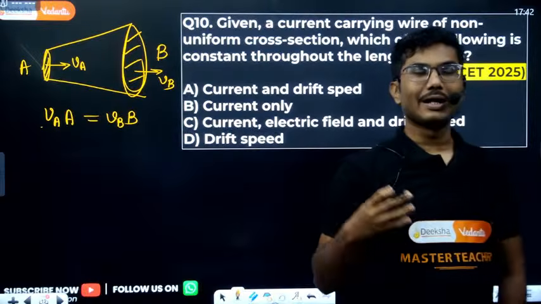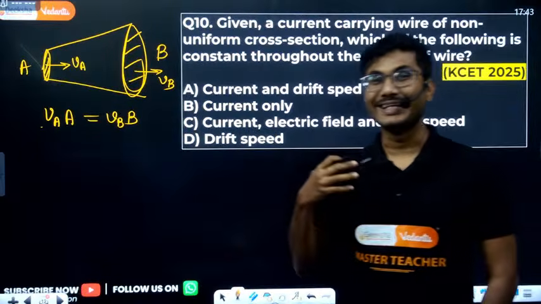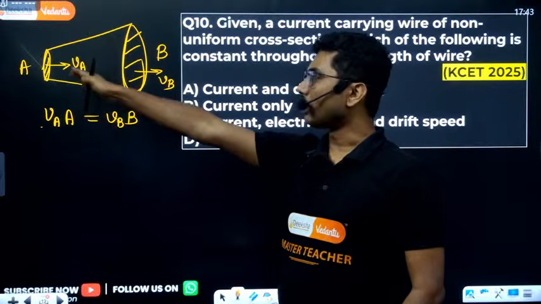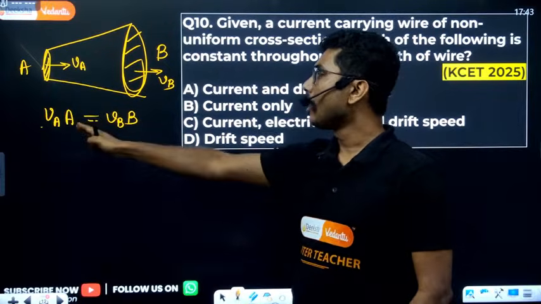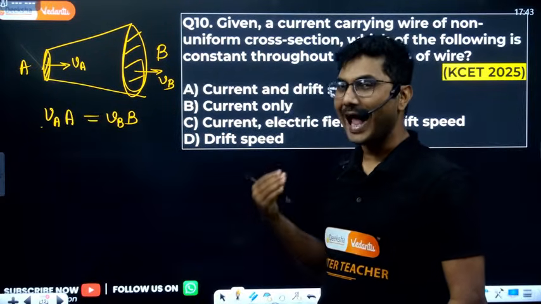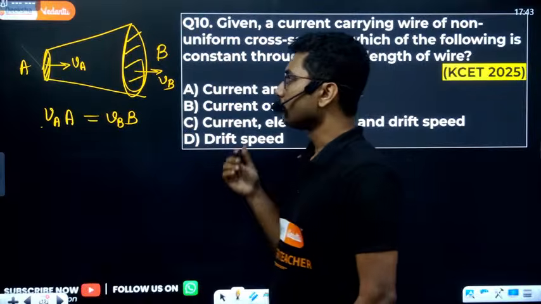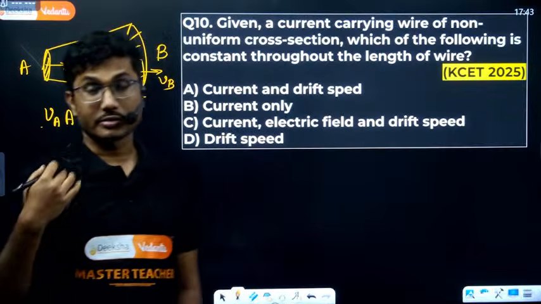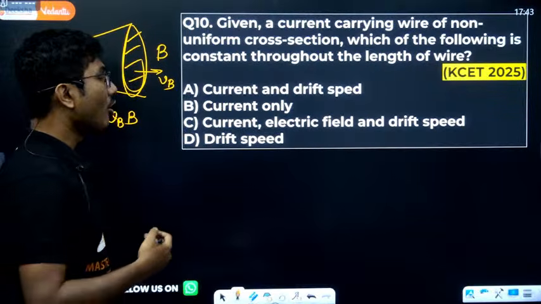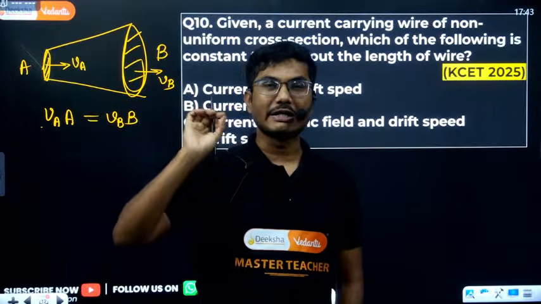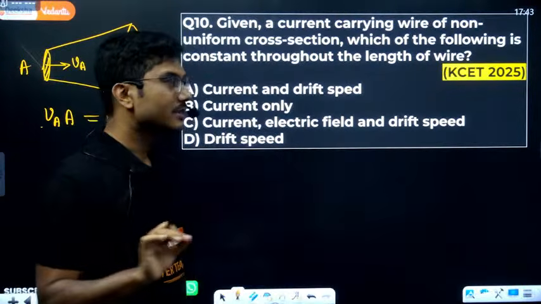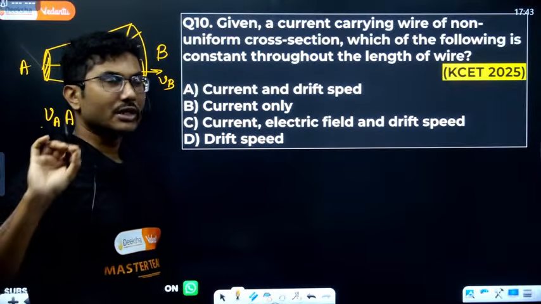As area reduces, drift speed increases. So smaller the area, higher drift speed; higher area, smaller drift speed, so that the multiplication of drift speed and area remains constant. So if the cross section is not uniform, then only electric current is constant, nothing else. Everything else is subject to change.